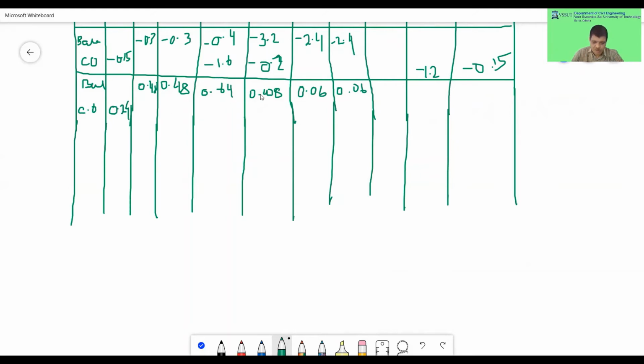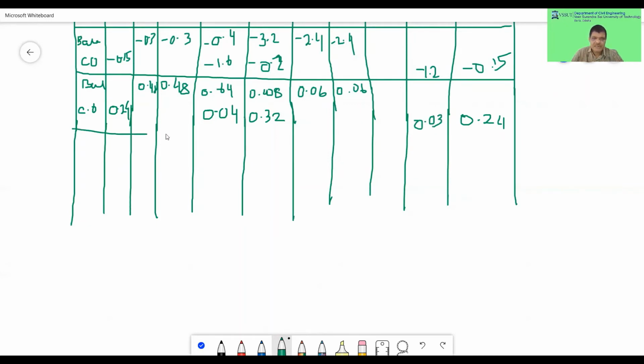Here it is 0.08, so it will come 0.04 here. 0.64, it will come 0.32 here. Now FB, it is 0.48, so it will come 0.24 here. And EC is 0.06, so it will come 0.03 here.